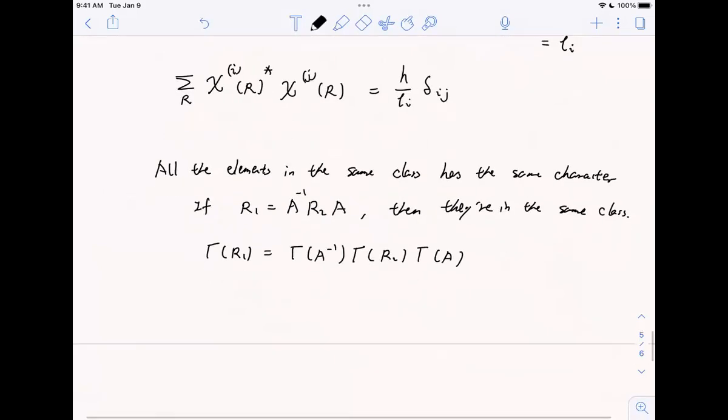Then you take the trace. So the character of R1 will be the trace.